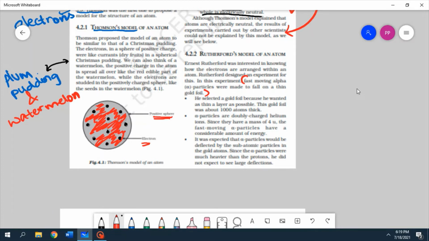So he selected a gold foil because he wanted as thin a layer as possible, and gold is highly malleable. Okay, so we learned about malleability and ductility. Gold is highly malleable. All right, and alpha particles are doubly charged helium ions.